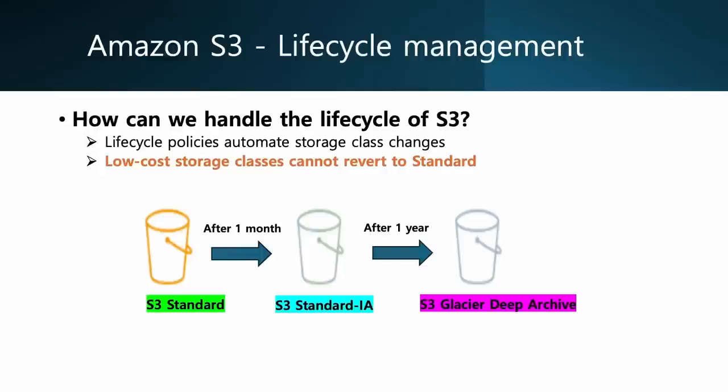It allows you to move to a lower cost storage class after 1 month, and to a Glacier storage class for archiving after 1 year. One thing to keep in mind here is that once you move to the lower level class, you cannot return to the Standard class.